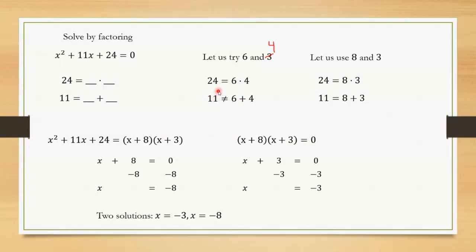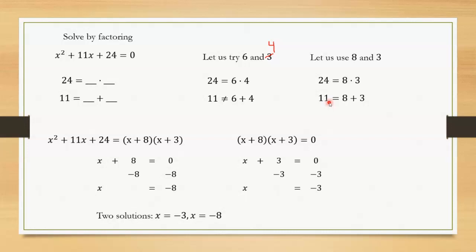So because of that, this is not going to work. But 8 and 3 do work. Namely, 8 and 3, their product is 24, and their sum is 11.